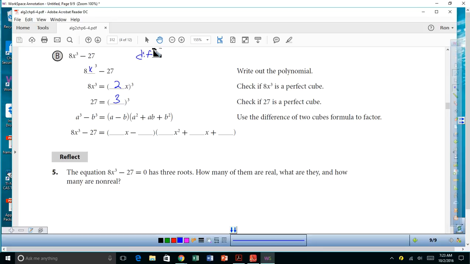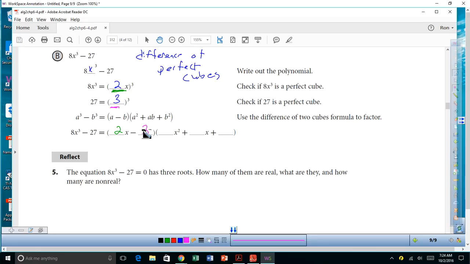Difference of perfect cubes. The formula from just above is a cubed minus b cubed equals a minus b. Well, in this case, 2x is the a. So we're going to have 2x minus, and the b is the 3. 2x minus 3.